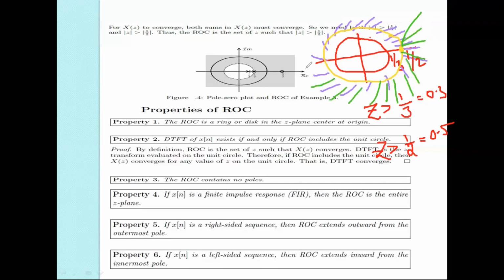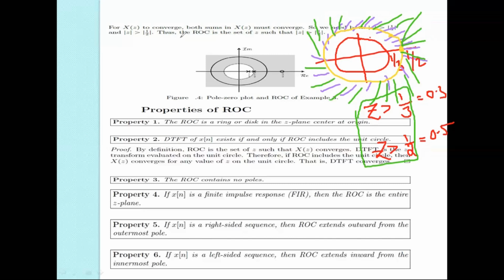So what is the common ROC now? If it is greater than 1/3, there is no overlapping of both the ranges. But when it is greater than 1/2, an overlap occurs between greater than 1/3 and greater than 1/2.